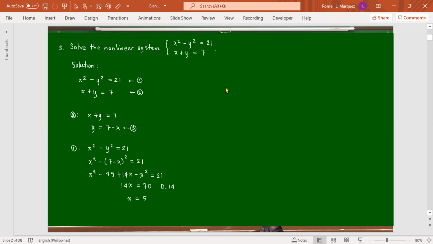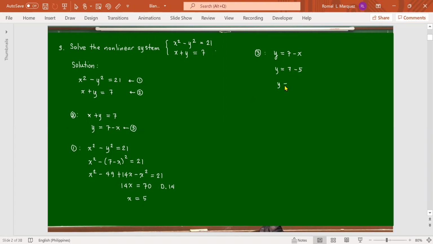Now what about the value of y? For the value of y, we solve it from equation number 3. y is equal to 7 minus x, but x is equal to 5. Hence, we have y is equal to 7 minus 5.